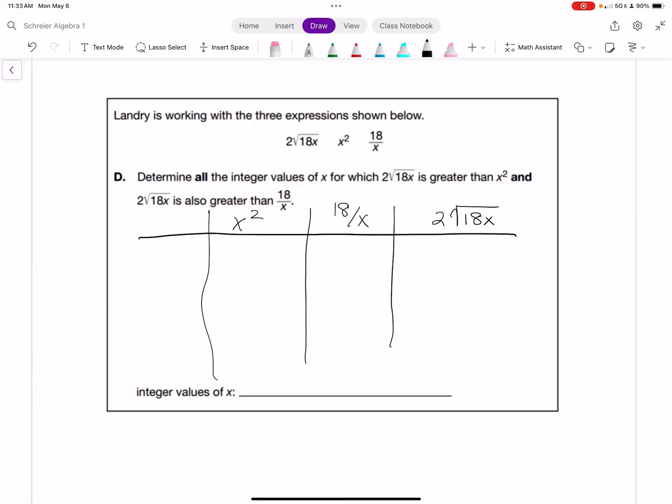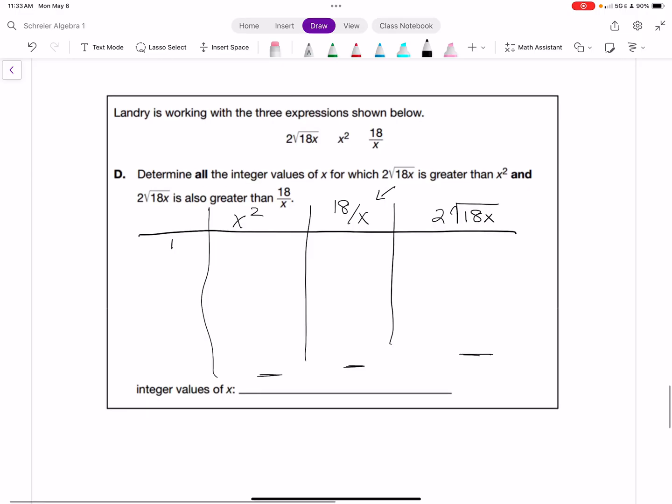We're going to exclude 0 because we can't divide by 0 in this second function. And we're going to start at 1. And we want these 2 columns to always be smaller than this column. So let's start with 1. 1 squared is 1.